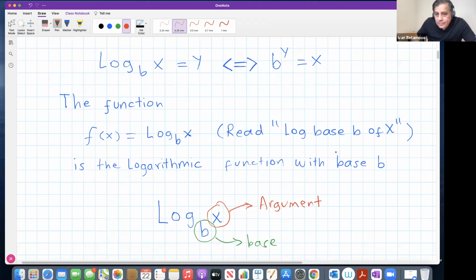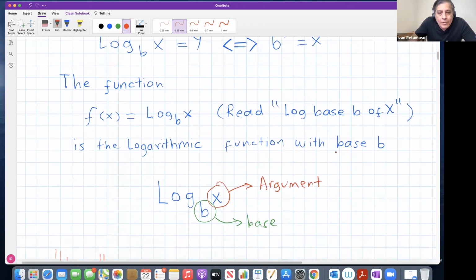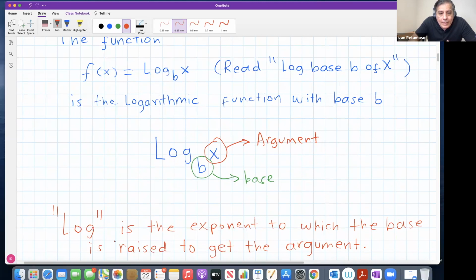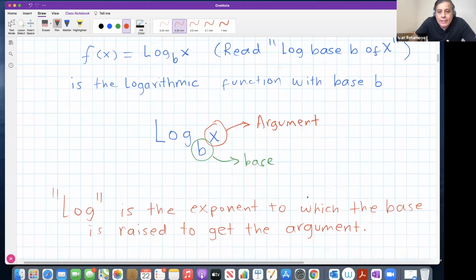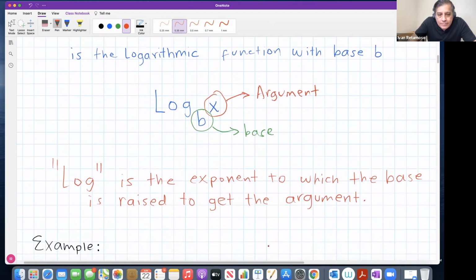Basically, to put it simply, the log is the exponent to which the base, this b, is raised to get the argument, this x. It is the exponent to which the base is raised to get some given number.